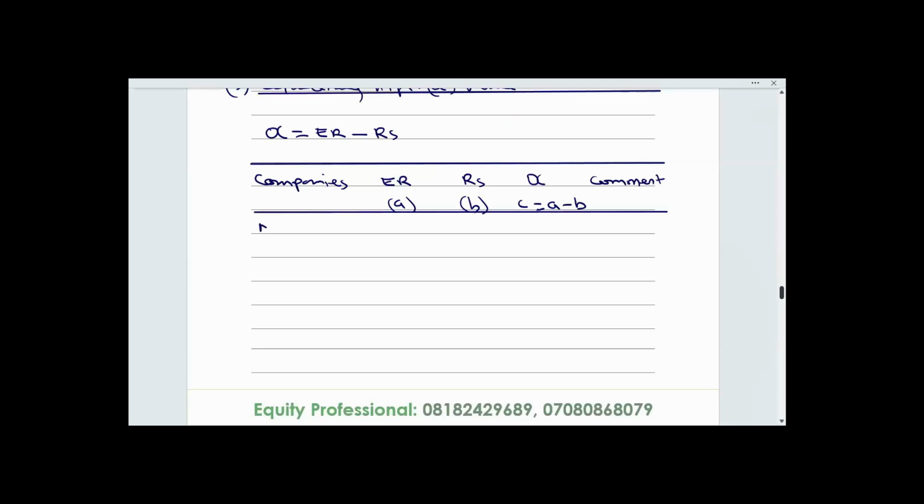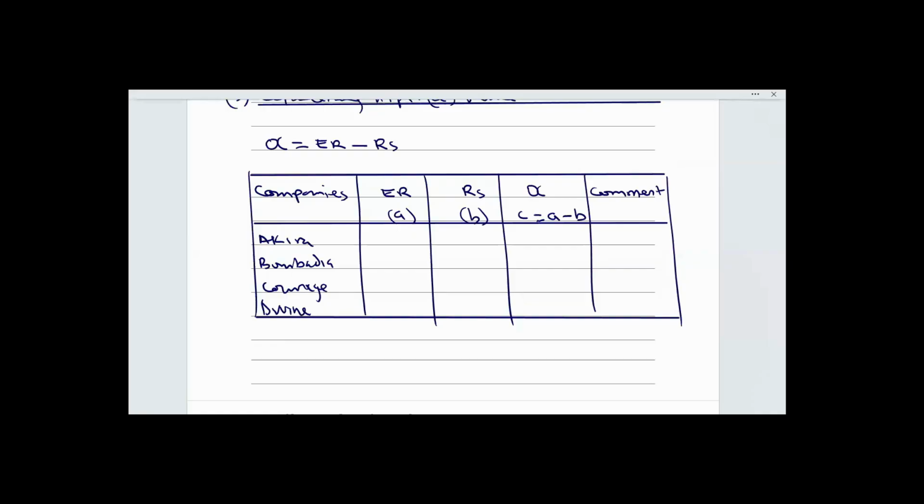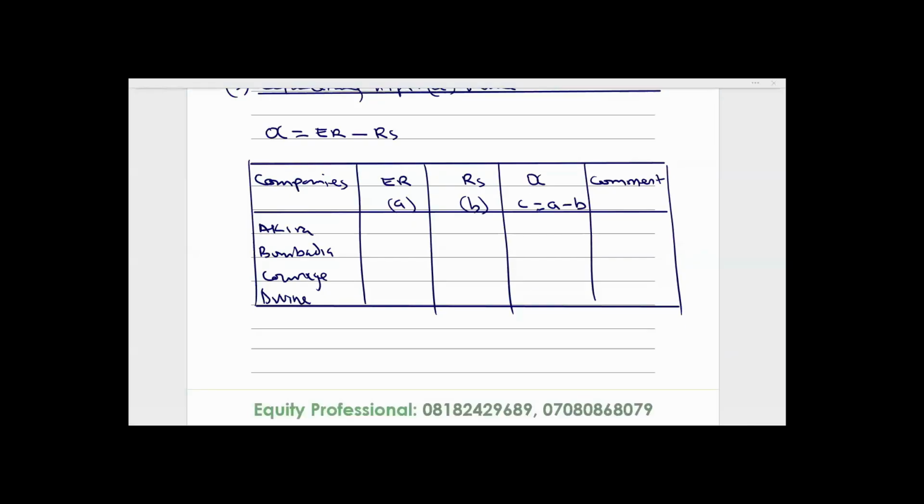So we have Ahira, Bombardier, Courage, then Divine. Give to me the expected return given in the question. What's the expected return for Ahira? We are given 12% for Ahira.